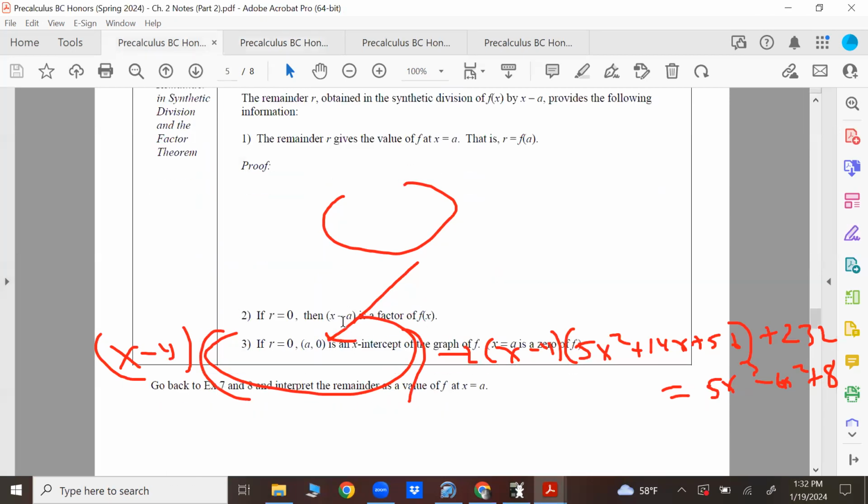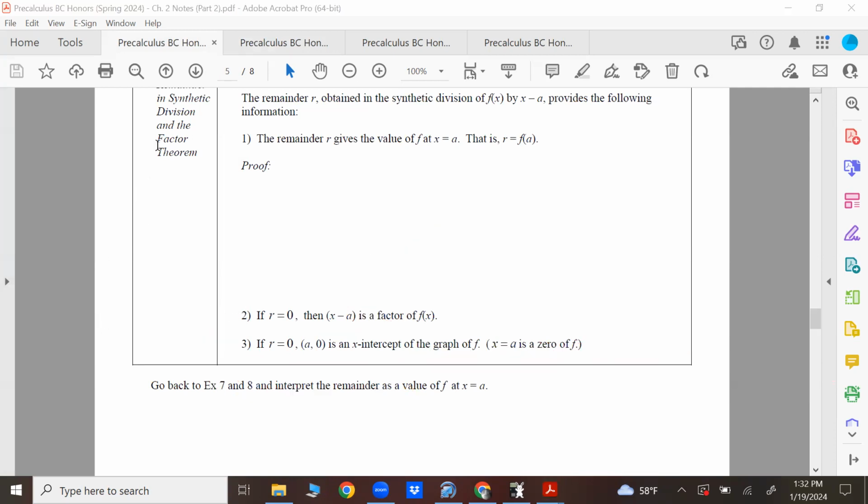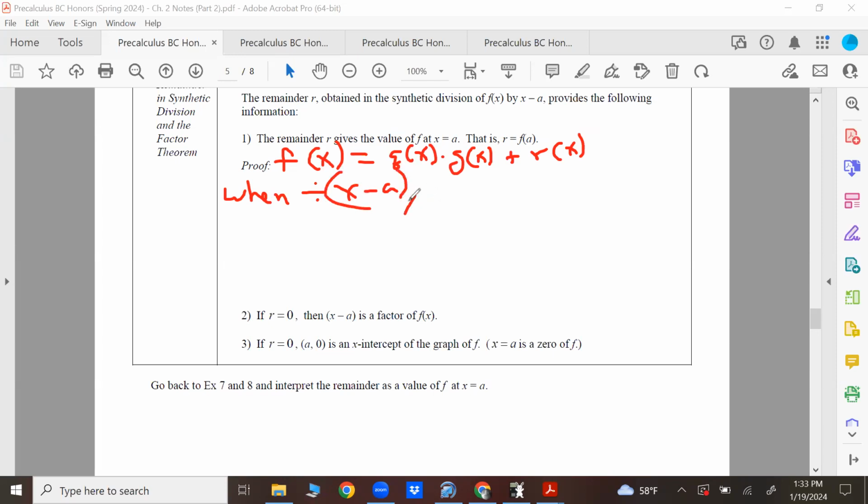Coming down to this proof, and this is the proof of the remainder theorem that we're going to talk about. So again, f of x equals q of x times g of x plus r of x. This is when dividing by x minus a, the remainder is a constant.